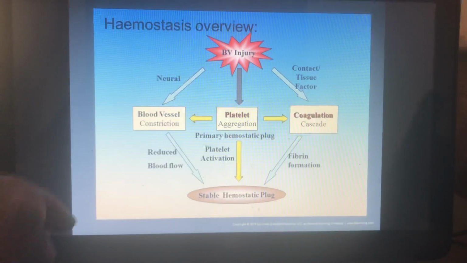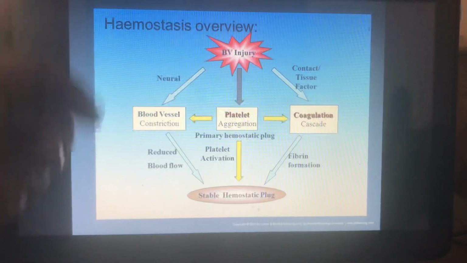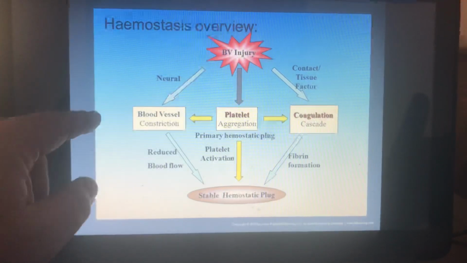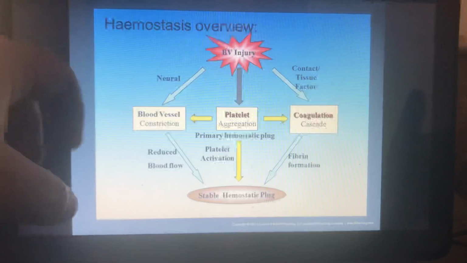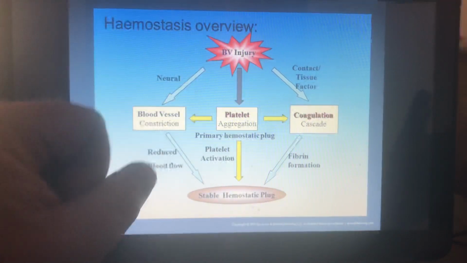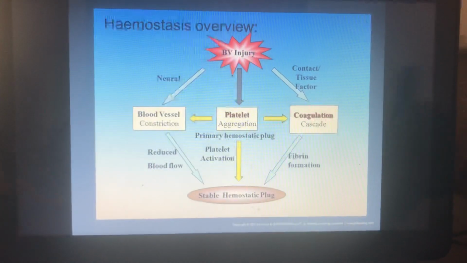But your body knows that you're gonna spring a leak. You're basically gonna have some sort of disruption in the blood flow. So what happens is the neurosystem will constrict down the blood vessel and try to make it so minimum blood flow goes by. But it still needs some to go by because it's like a flowing river.